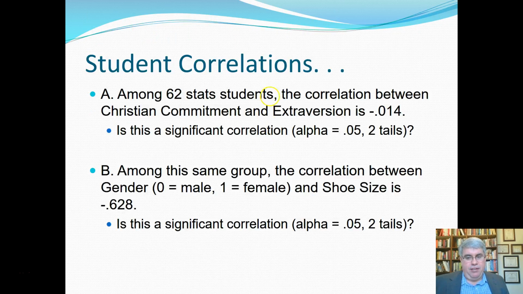So the absolute value of minus 0.628 is 0.628, which is larger than 0.25. Yes, this is a significant correlation. We can be 95% sure that the average shoe size for guys is larger than the average shoe size for girls.